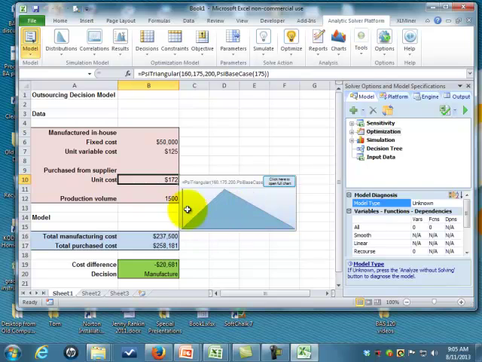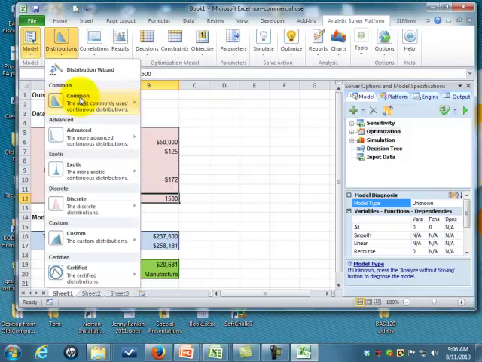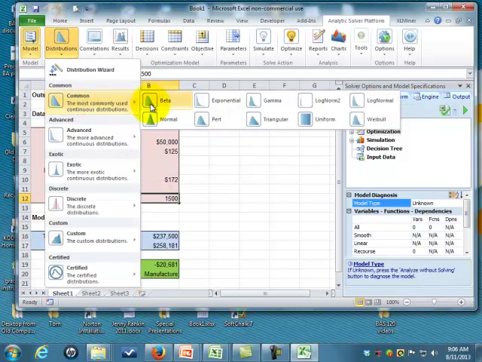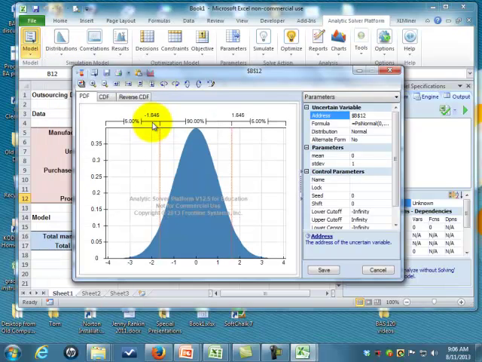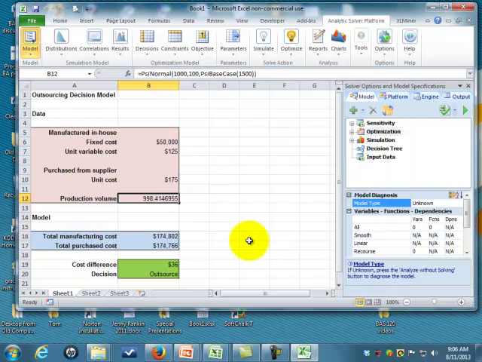Now the other thing that's uncertain is our production volume. So let's make this a normal distribution. And let's say that it's normally distributed with a mean of 1,000 and a standard deviation of 100. Now, if you're asking me how do we know this, other than it's what the book says, in the real world, you're not going to know exactly what these numbers are, obviously, but at least it gives you some sort of parameters to tell the computer to run the simulations.